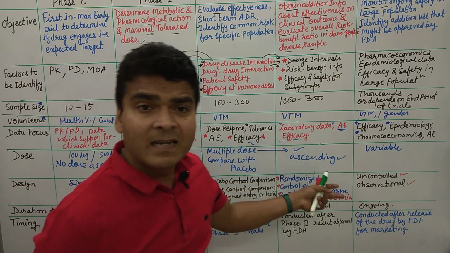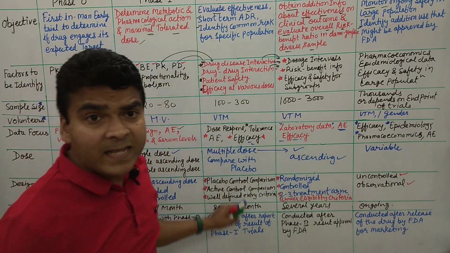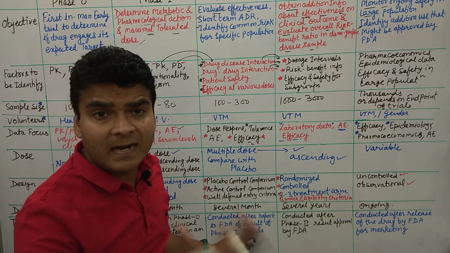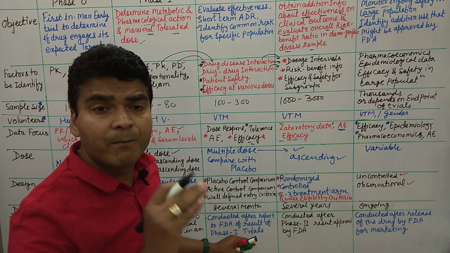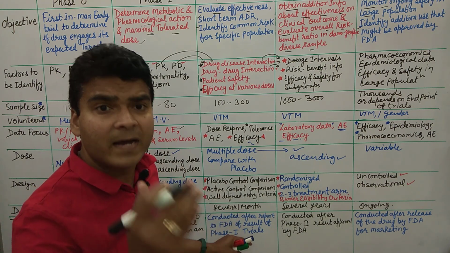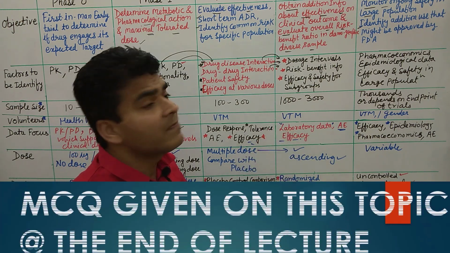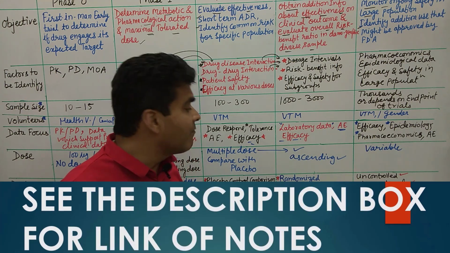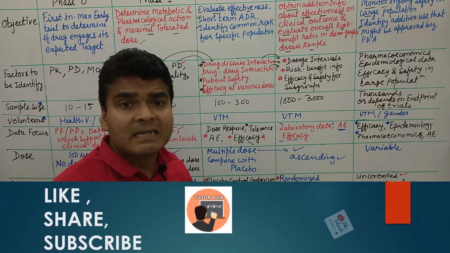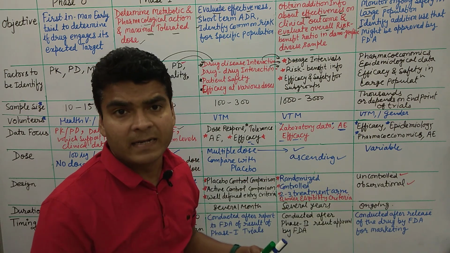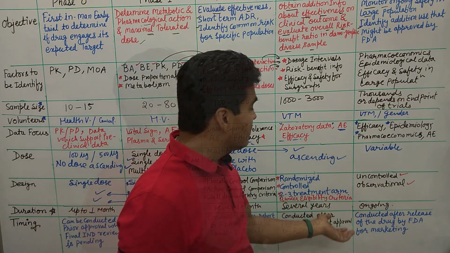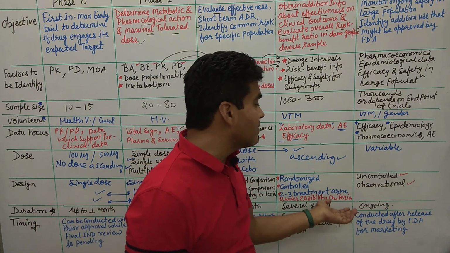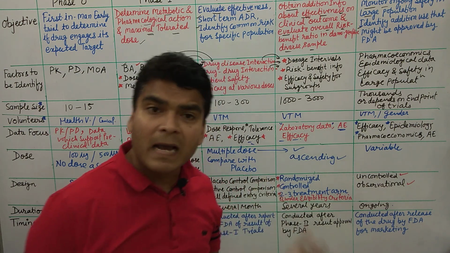For phase 3 it is the same: if FDA approves the phase 2 trial data, then we can start the phase 3 trial. And when can we start phase 4? After the approval of the drug by FDA for the market. So phase 4 can be conducted after release of the drug by FDA for marketing purposes.